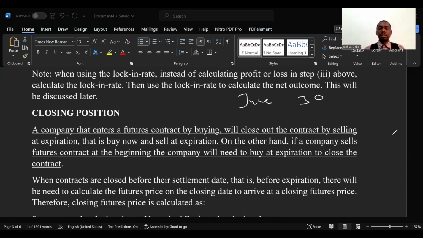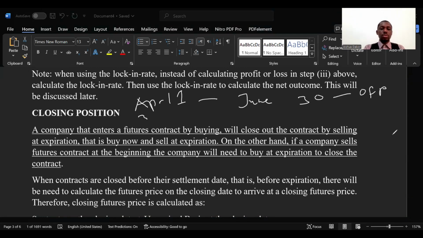That is the price today. That means if I'm buying, this will be my opening futures price, the price of the futures today. Let's assume that today is April 1.